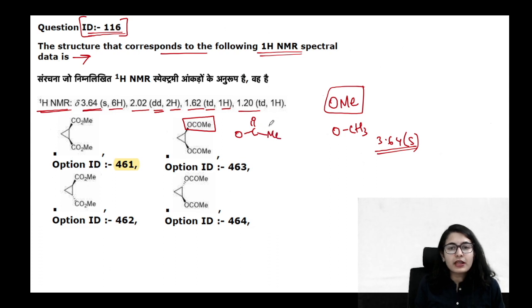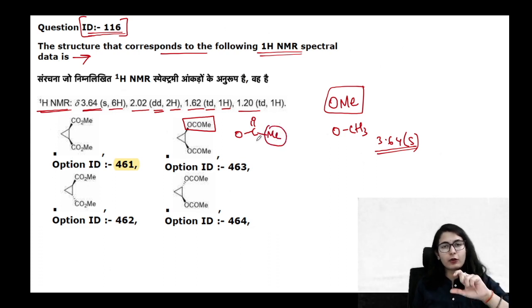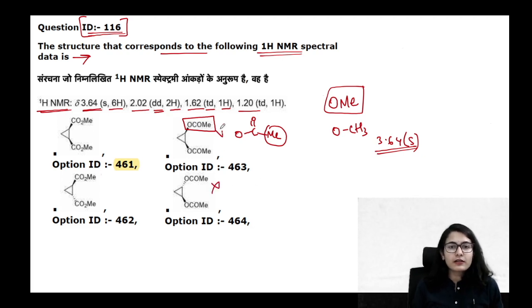That methoxy is not possible when you have OCOMe, because the methyl is connected to a carbon. It could be a singlet, but it would not be such a high value. So just do wrong options, let's say B and D. Now what happens with these two? Here you have a sigma plane, here you have a C2 axis.